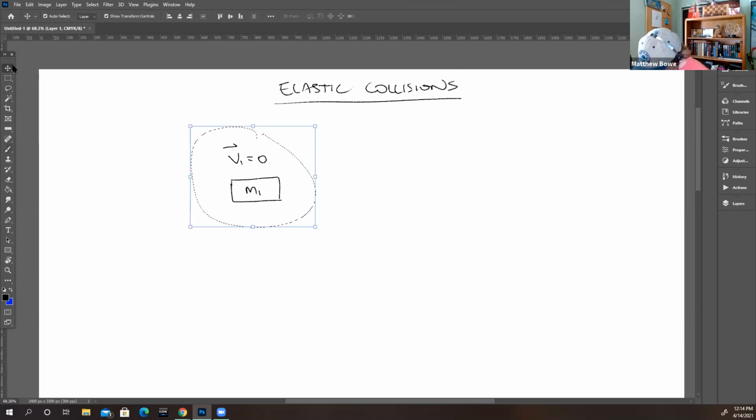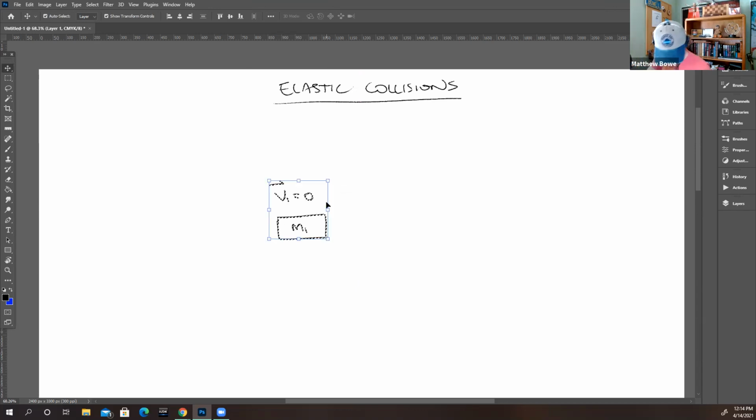I'm going to move this. I want this right here. And we're going to be pushing a second mass, or a second car, towards it. It's going to be over here on the right. That's going to be called M2 for mass 2, and it has its own velocity. Velocity 1, i for initial.